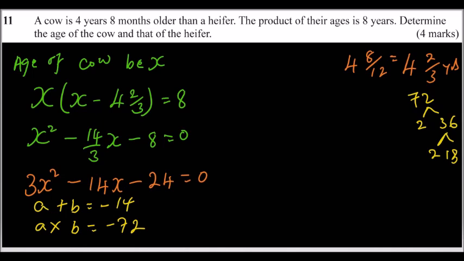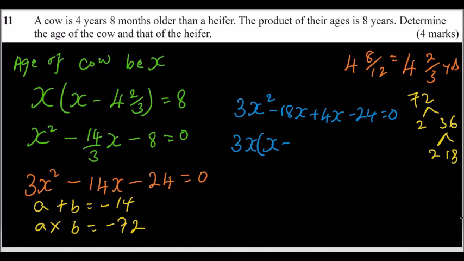So we can use that to get our expression. So we say this is 3x squared minus 18x plus 4x, and this is minus 24 is equal to 0. So we factor out what is common. We have 3x. Here we'll be left with x minus 6.